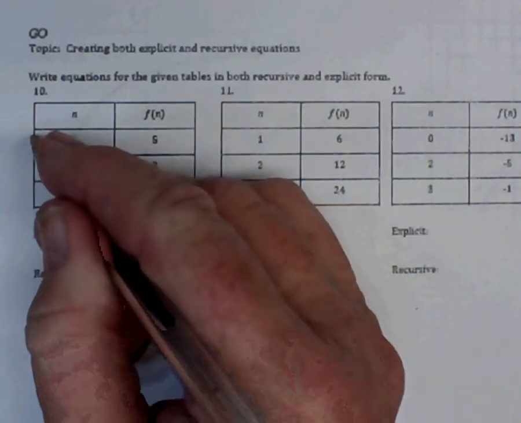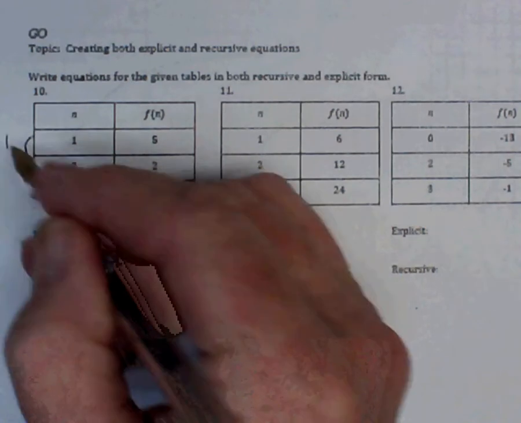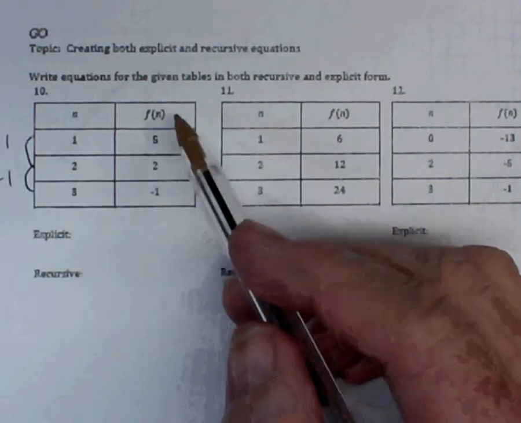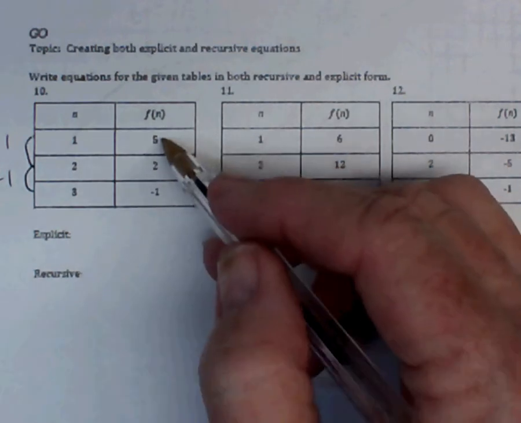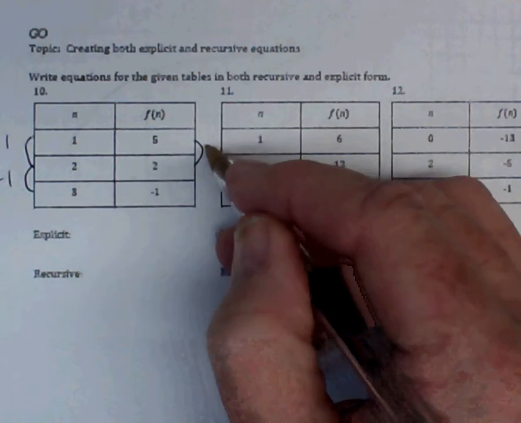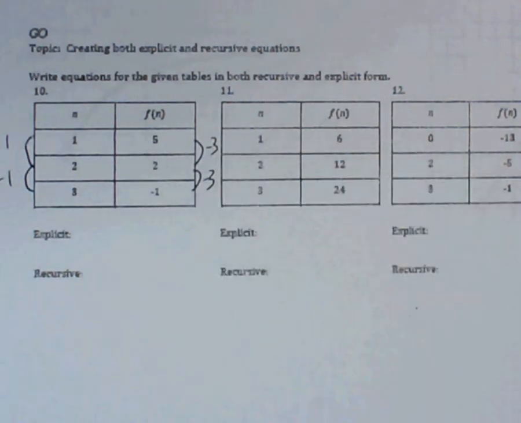So I have to check if it's growing by 1 on the independent variable, and it is on the x side. In this case it's n. F of n, let me see, 5 minus 3 is 2, and 2 minus 3 is negative 1. So it's going down 3.